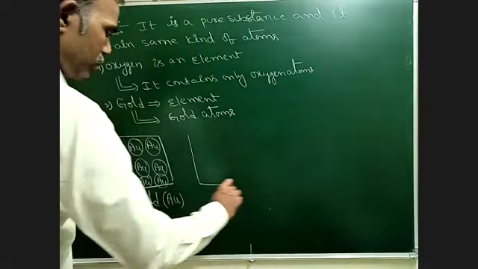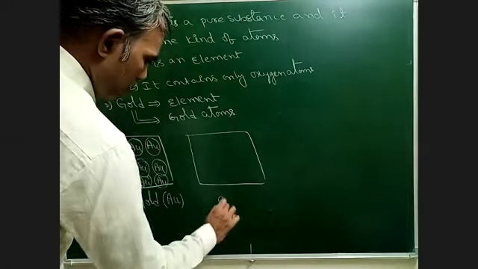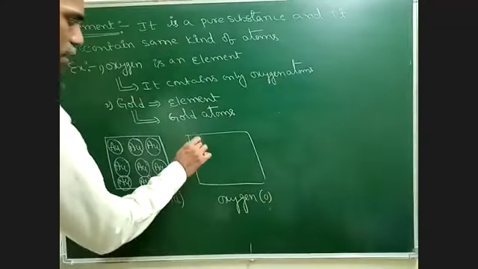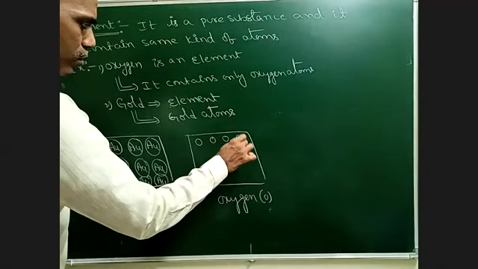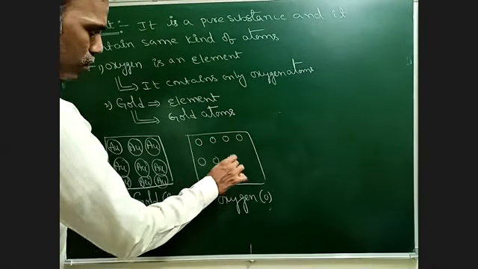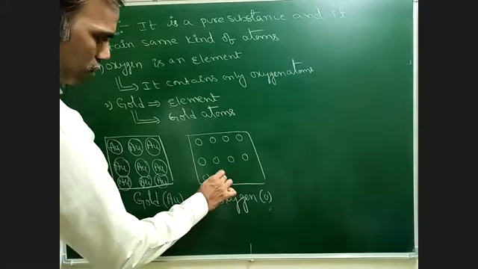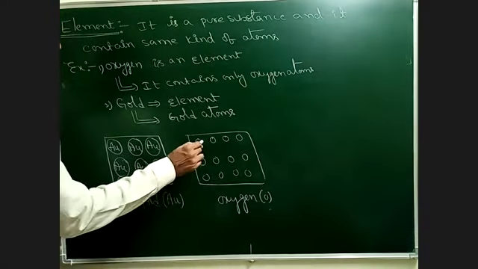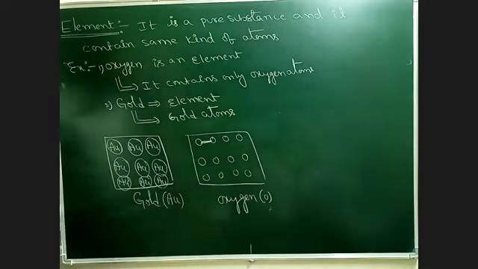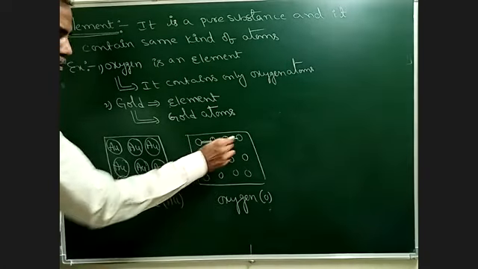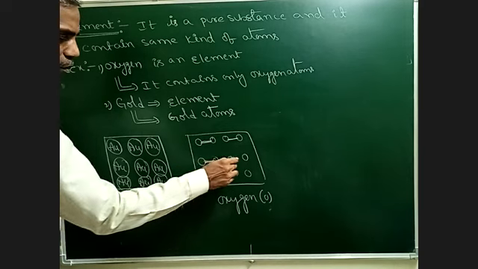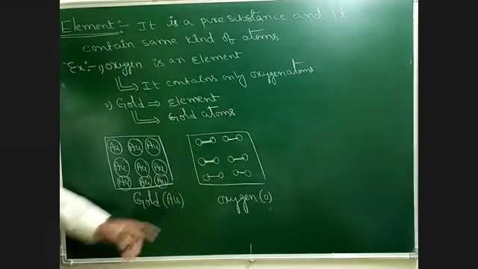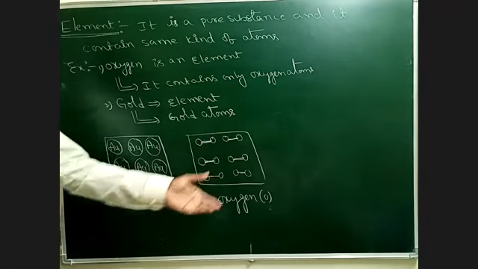Suppose you take oxygen, its symbol is O, and it contains oxygen atoms. In oxygen, two oxygens are bonded as O2, as I said, oxygen gas. So oxygen, oxygen, oxygen, oxygen.